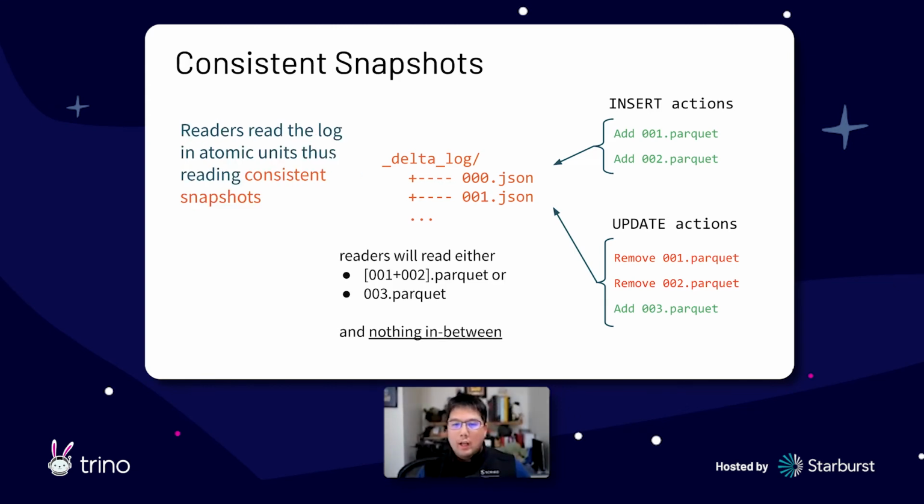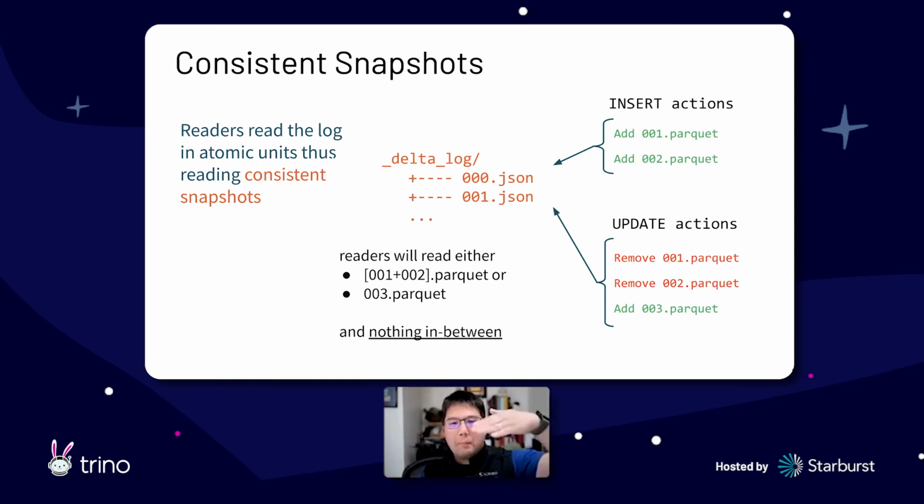In order to keep consistent snapshots, readers, whenever they're reading, are going to read those atomic units. So they will see those 0.json or 0.1.json. In the example I just gave, let's say at 1 o'clock it was 0.json and at 2 o'clock it's 0.1.json, just for simplicity.